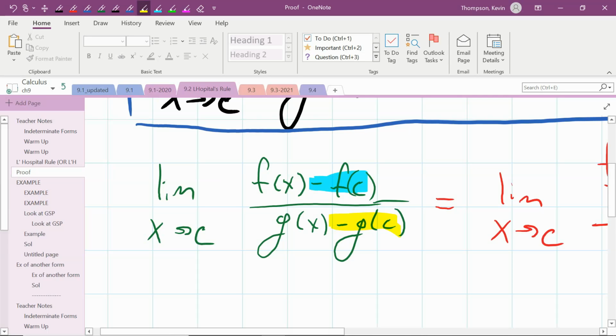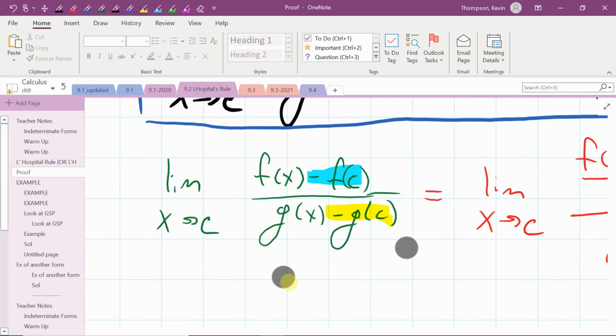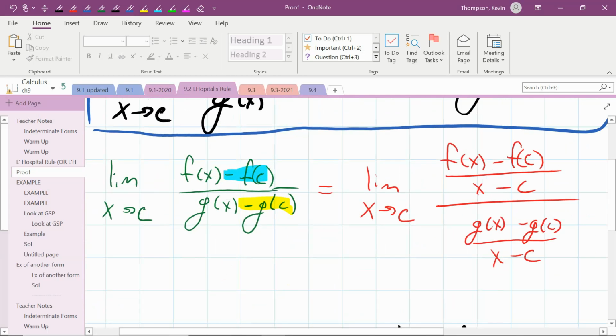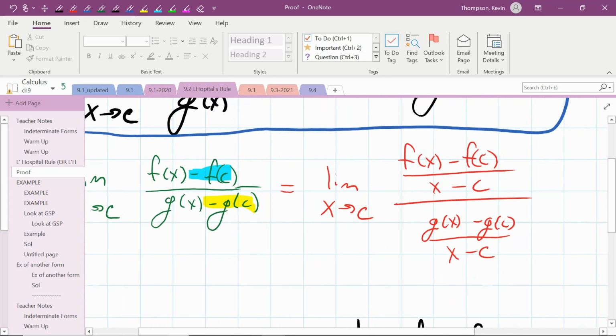Now, why might I do that? Well, if I'm thinking that there's this connection to the derivative, then shouldn't I have a delta y and a delta x, that alternate form of the limit again here? So that's maybe the reason to do it. Now, the next thing I could do is something like this.